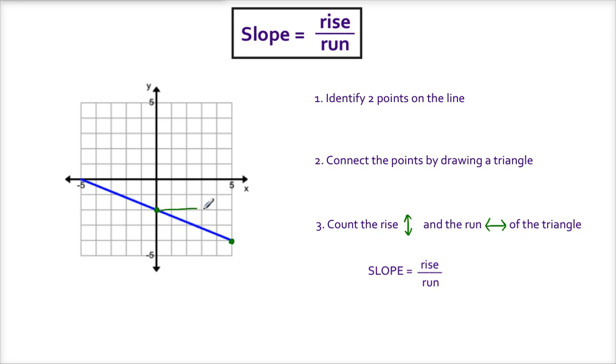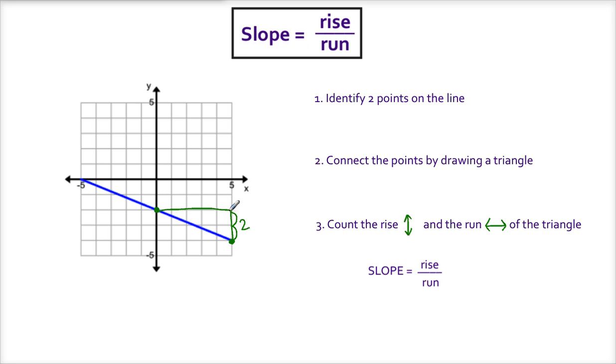Second step is to draw the triangle that connects them. Now third step is to count the rise and the run of the triangle. Now this one's going to be a little bit different. Notice we start at the bottom point just because I think it's easier to start at the one that's most towards the bottom, and we go up 2.